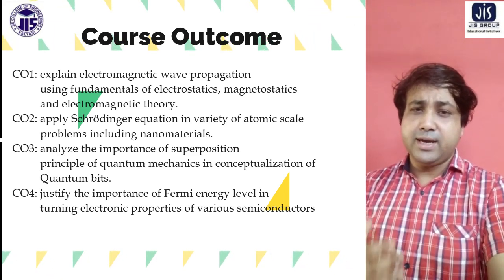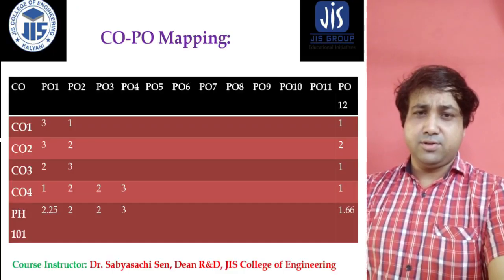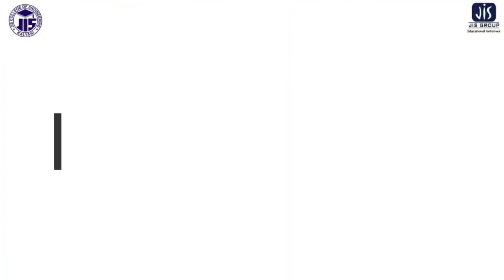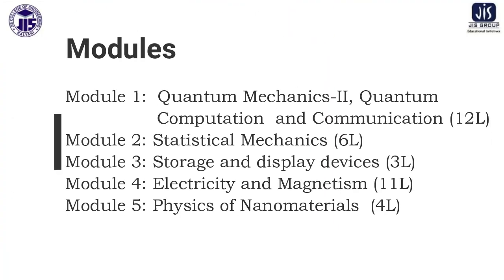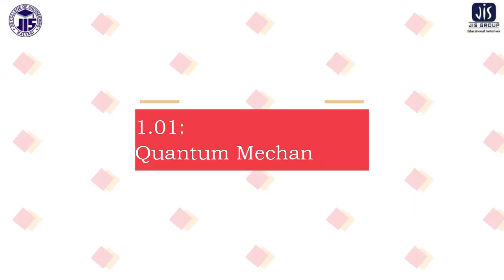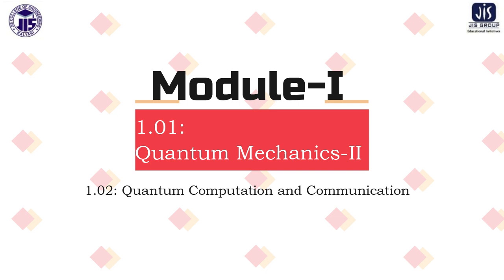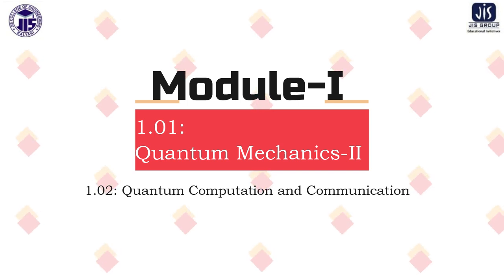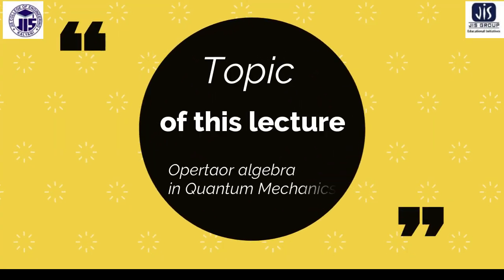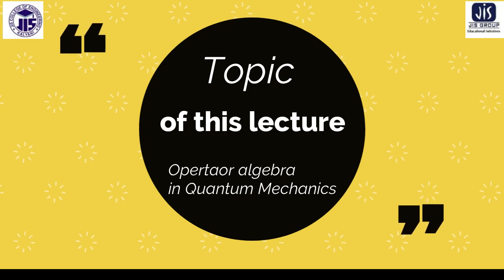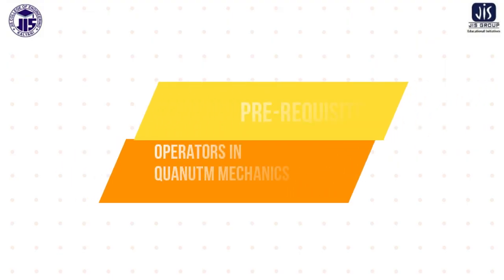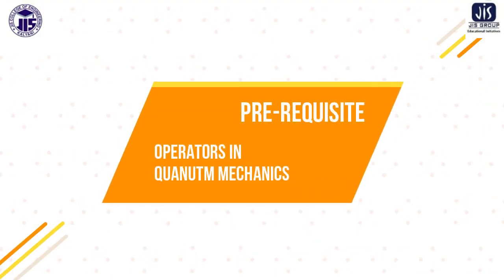This is closely connected with your own program, so you can get that in the course outcome, program outcome mapping also. On the screen you can see the various modules present in this course, and you can also see the module that you will be starting with. We'll start with one of the promising modules of the course, and you can also see the topic that we will begin with.